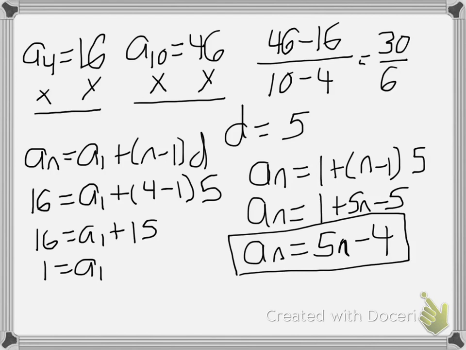All right, so let's move on to part B. On your notes, there are two rules for the sum of an arithmetic sequence. The first rule: S sub n equals n divided by 2 times the quantity a sub 1 plus a sub n. Remember, a sub 1 is the first term, and a sub n is whatever the last term, or nth term, is.